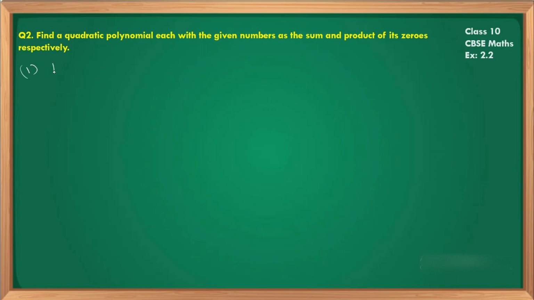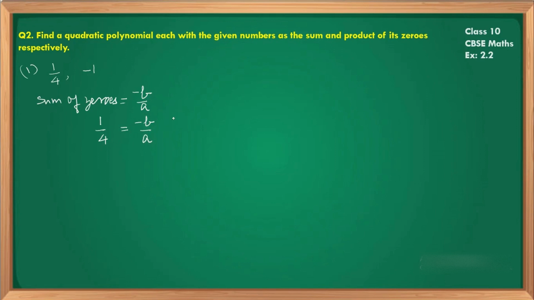1 by 4 and the other one is minus 1. 1 by 4 is itself the sum of zeros and minus 1 is the product of zeros. And we know very well the sum of zeros is equal to minus b by a. And we write down sum of zeros, which is 1 by 4, which is equal to minus b by a.